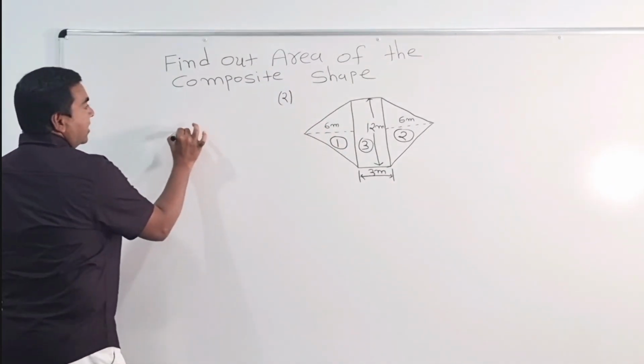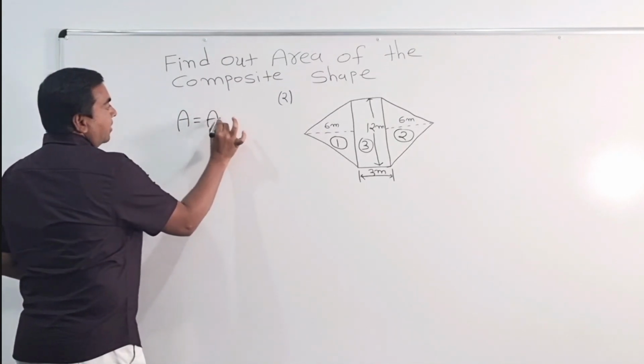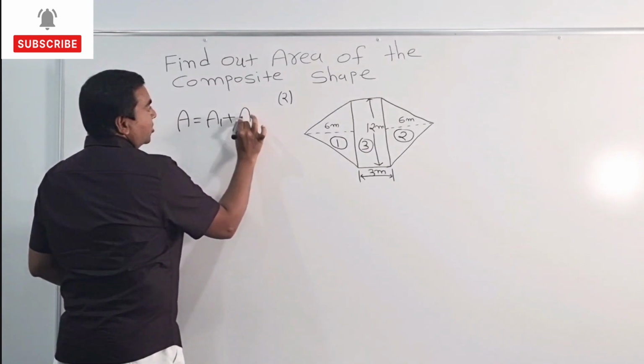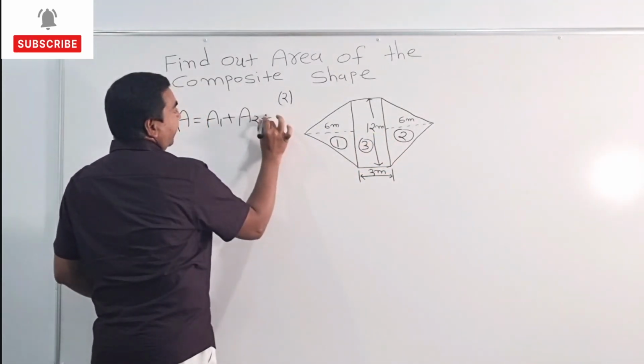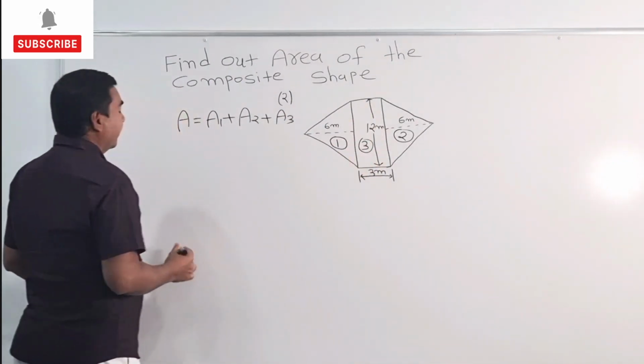So I can write area equals area 1, which is the area of this triangle, plus area 2, which is that triangle, plus area 3, which is the middle rectangle.